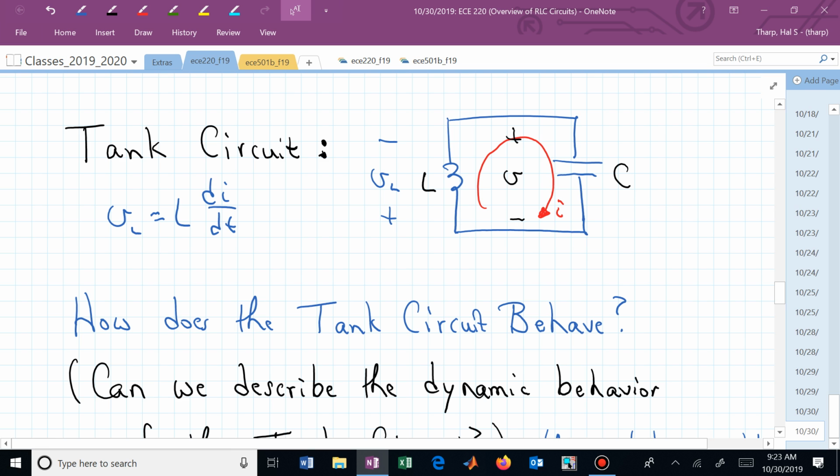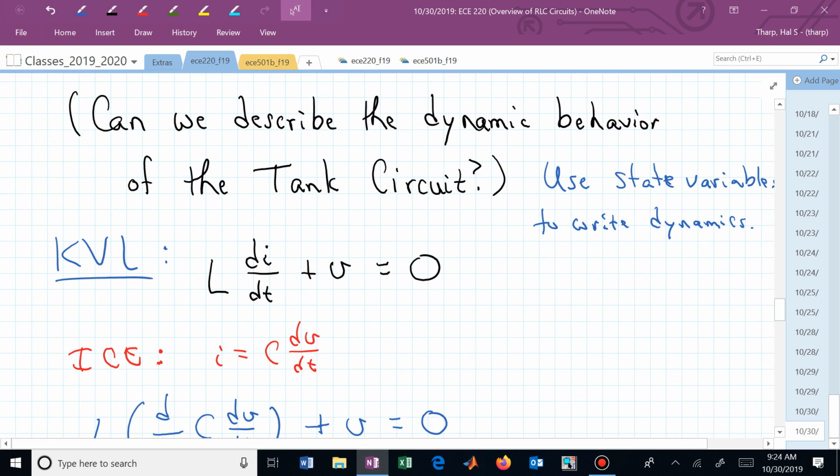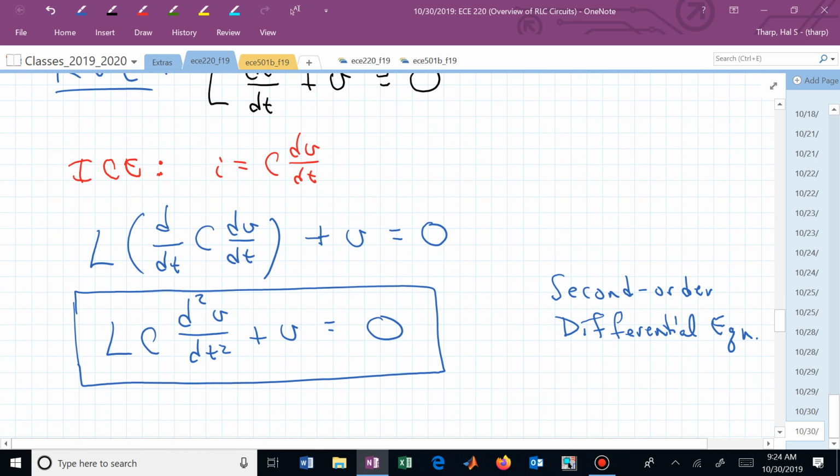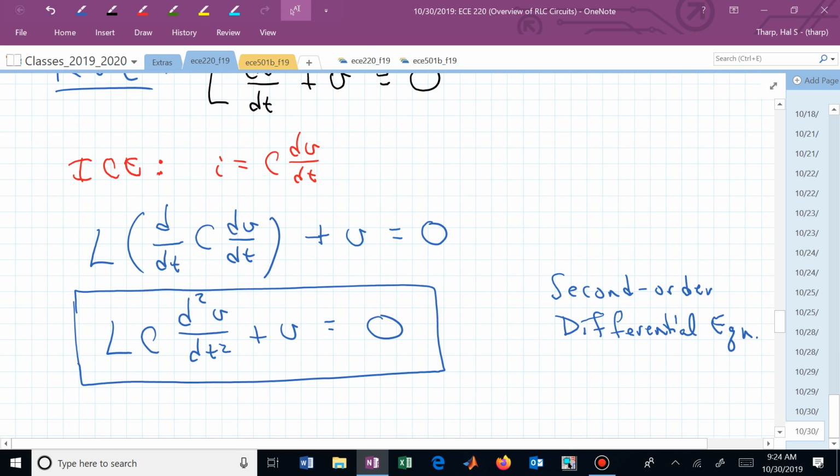If you haven't done that, you might say relative to the way I've defined my current, this L di dt has a minus. It depends on how you've labeled your circuit. But everybody's answers better come out the same in terms of the same general behavior. If I define my I just the opposite of yours, I'm going to get a negative answer, but it will be consistent. So we should get consistent results.